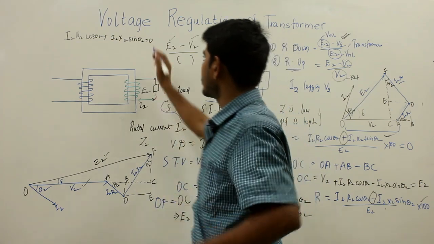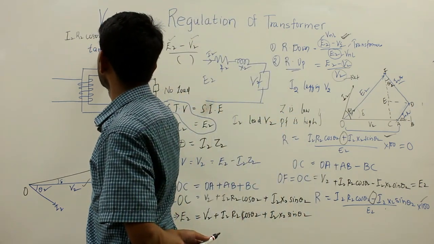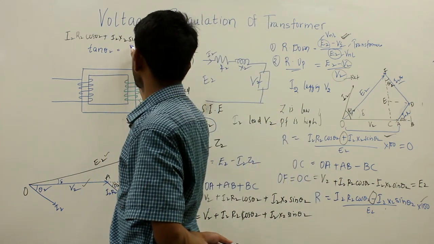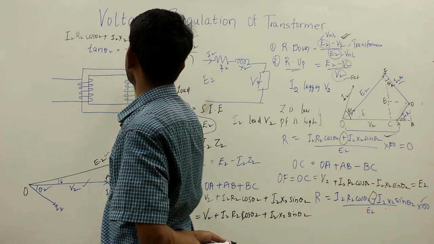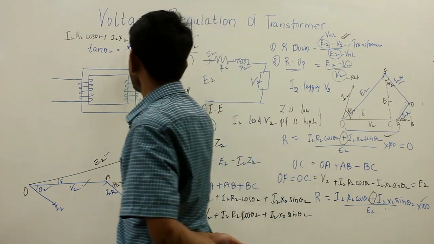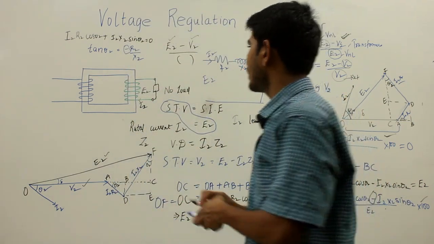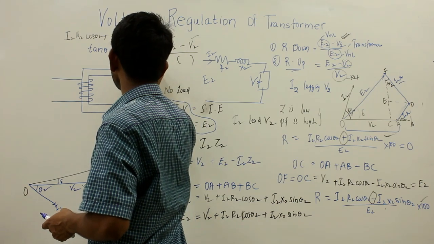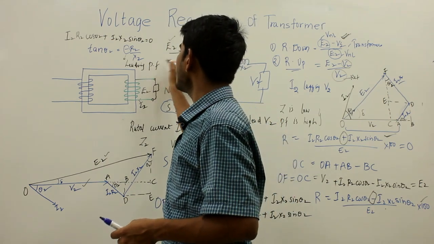So I get tan theta 2 equal to minus R2 by X2. Here the minus sign indicates that the zero regulation takes place at a leading power factor.